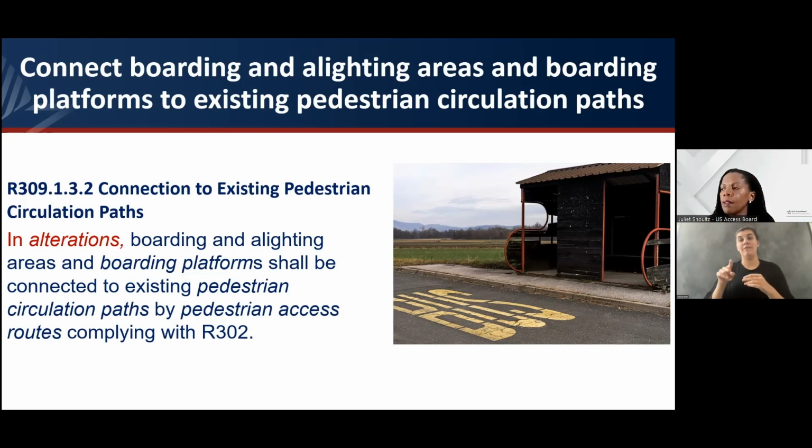If you add a transit shelter or transit stop along your roadway, you want to make sure it's connecting to an existing pedestrian circulation path. That could be the nearest curb ramp at the nearest intersection. So you just want to make sure that anything new that you're adding, any transit stops or transit shelters that you're adding or altering, are indeed accessible to everyone.